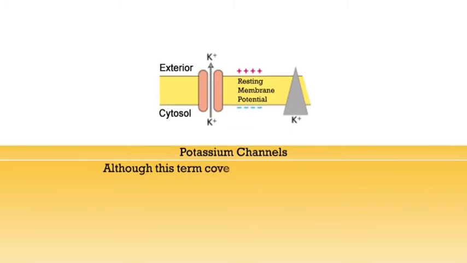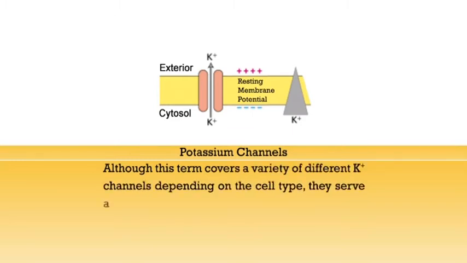Although this term covers a variety of different potassium channels depending on the cell type, they serve a common function. That is, by making the plasma membrane much more permeable to potassium ions than to other ions, they play a critical part in maintaining the membrane potential or voltage difference that is present across all plasma membranes.